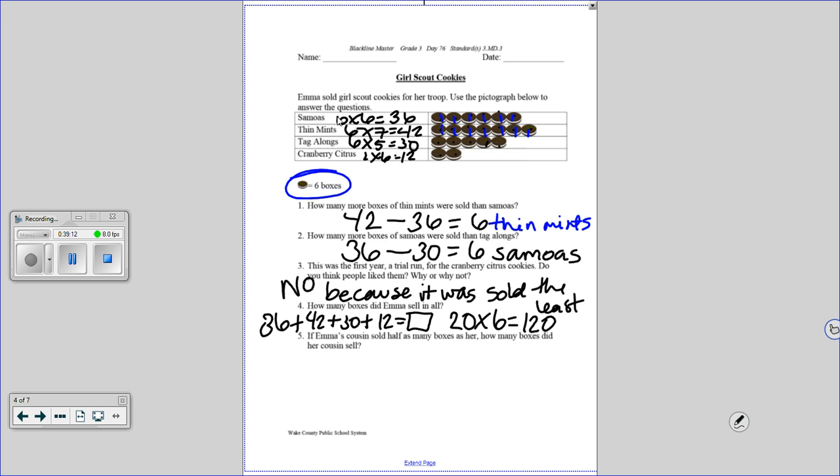If Emma's cousin sold half as many boxes as her, how many boxes did her cousin sell?